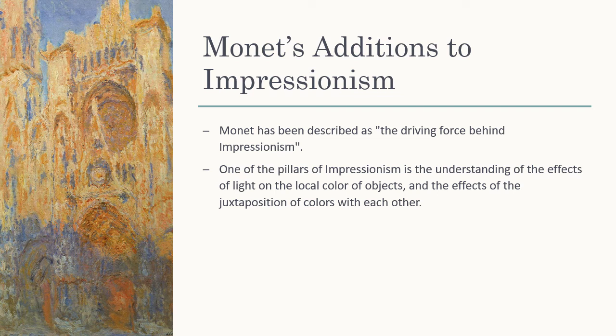Monet's additions to Impressionism. Monet has been described as the driving force behind Impressionism. One of the pillars of Impressionism is the understanding of the effects of light on the local color of objects, and the effects of the juxtaposition of colors with each other. The painting on the side is an example of this.